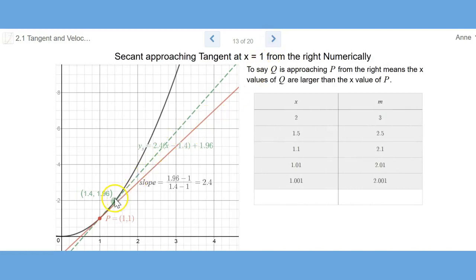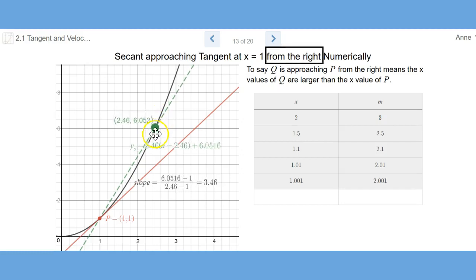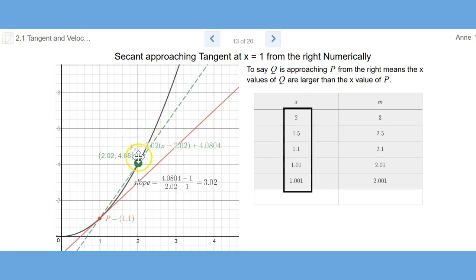There's a concept of approaching from the right and the left, and you'll see this especially in tables in the homework. We say that this point Q is approaching P from the right if the x values are to the right of 1 and getting smaller as they approach 1, like this graphically.